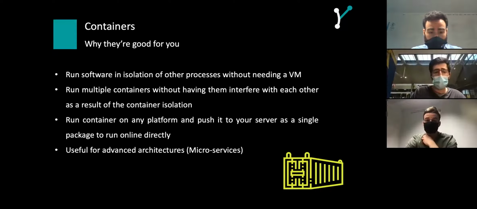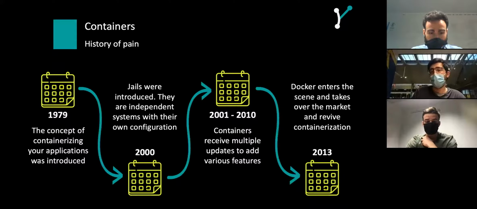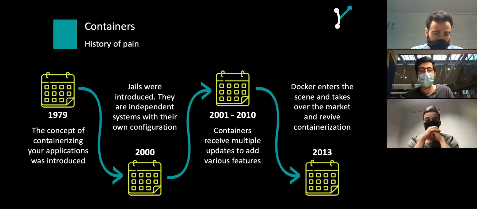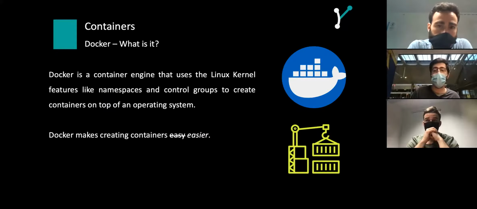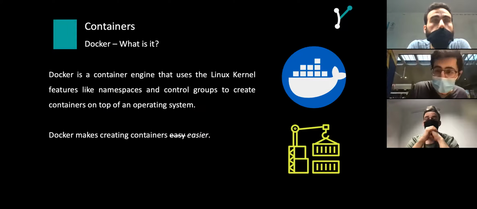Now, containers have been around as a technology since 1979, but for the longest time it wasn't widely used. It didn't receive many updates until Docker came in 2013 and made it more mainstream. The reason it became more mainstream is because Docker allowed developers to create containers in an easier way.